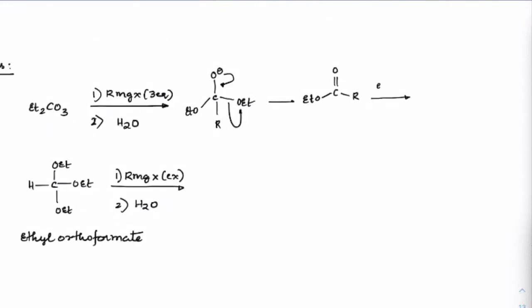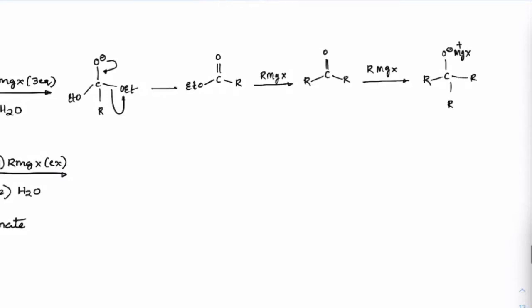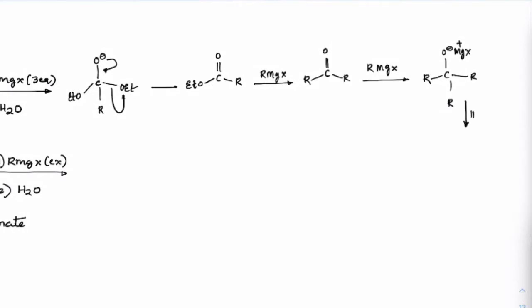So we would have, again if I react that with RMgX, another EtO minus will be replaced and we'll get ketones. Once we get ketones, we know that we will have reaction with RMgX to form the addition product here, MgX plus R and R here, and that on hydrolysis will give alcohols.